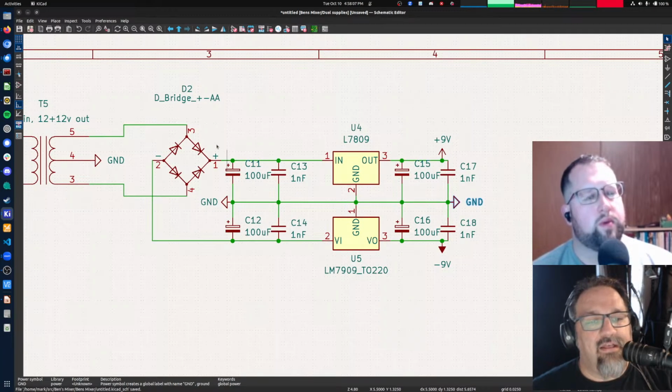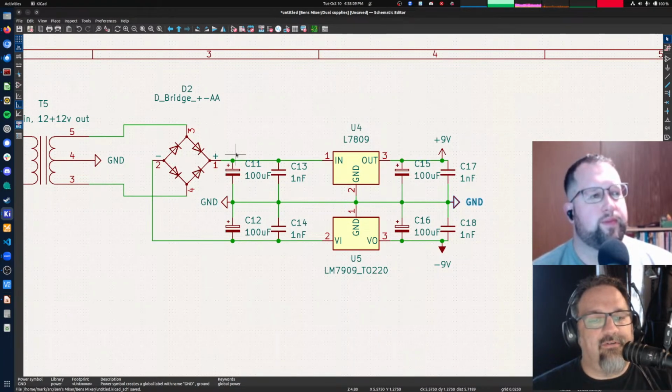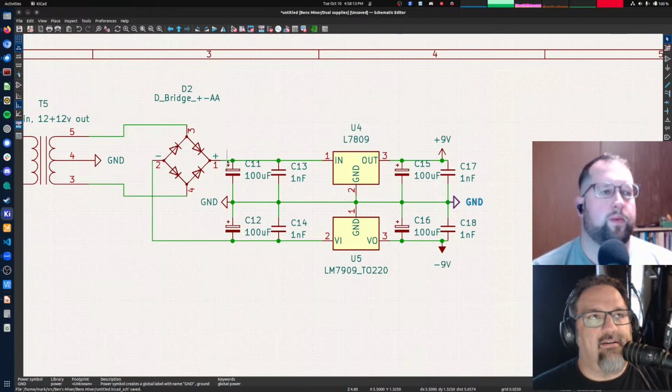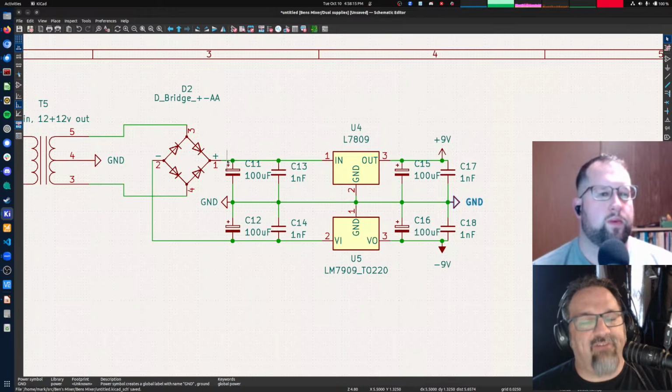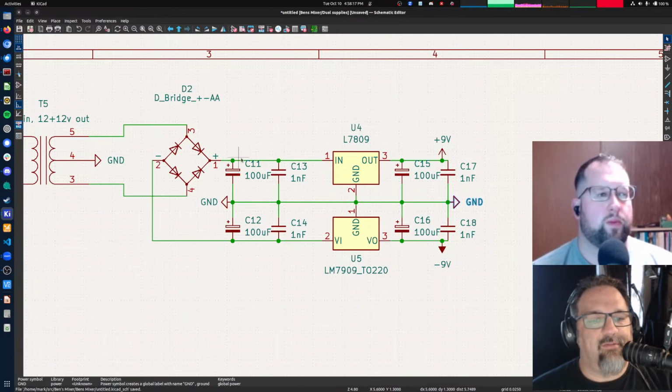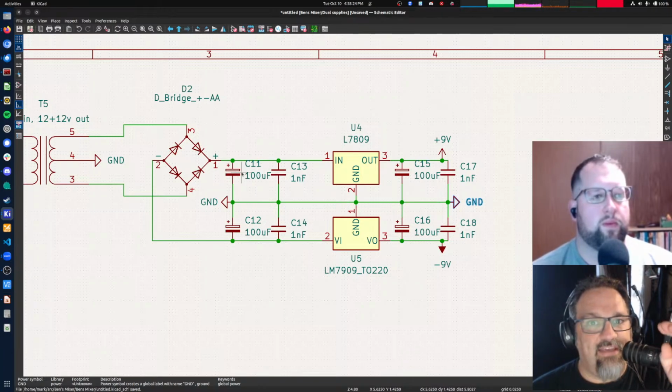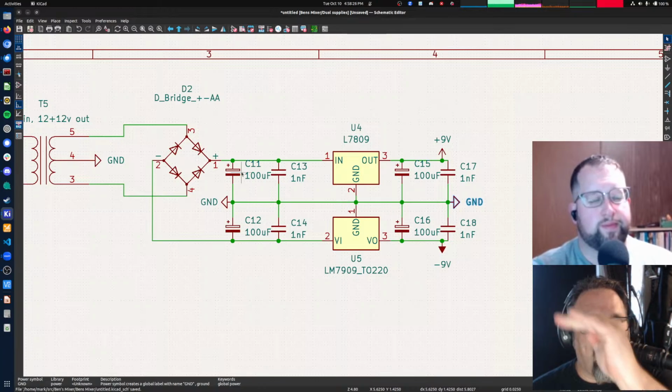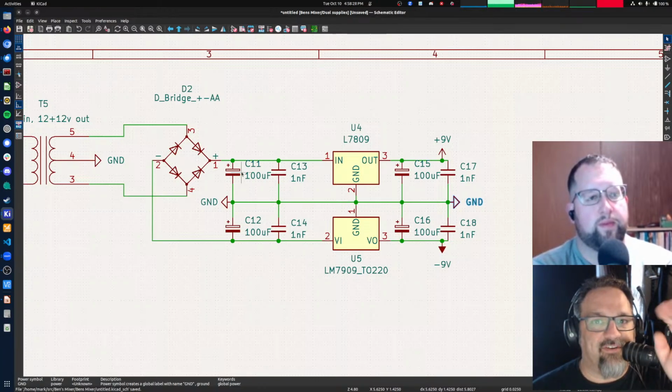Okay. So now we have a positive half of an AC signal coming in here, which is very bumpy, and we feed it into these capacitors here, which filter out those bumps and leave it with a mostly flat voltage. It's not perfectly flat. There's still a little bit of warble up there, but a mostly flat 12 volts.